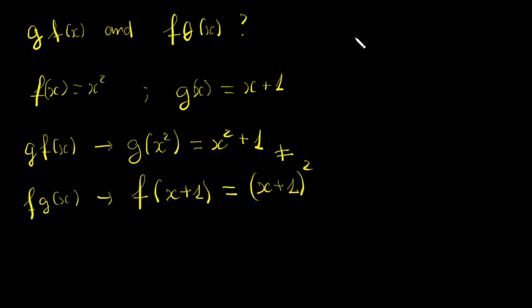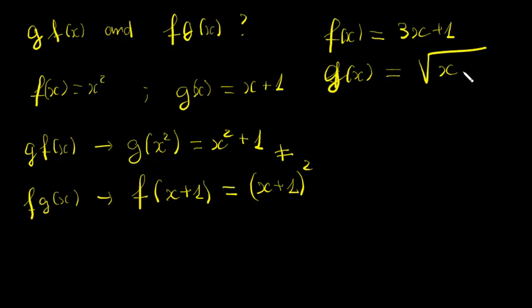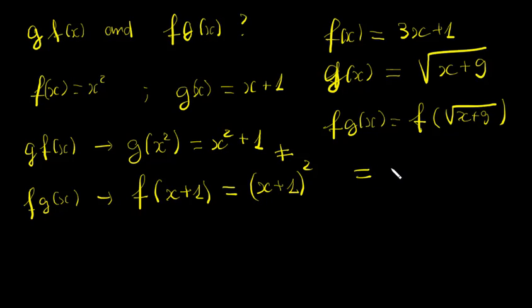Let me try another example. Let's say f(x) equals 3x plus 1 and g(x) equals the square root of x plus 9. If I apply the rule for f of g(x), I have f of the square root of x plus 9, equal to 3 multiplied by the square root of x plus 9, plus 1.